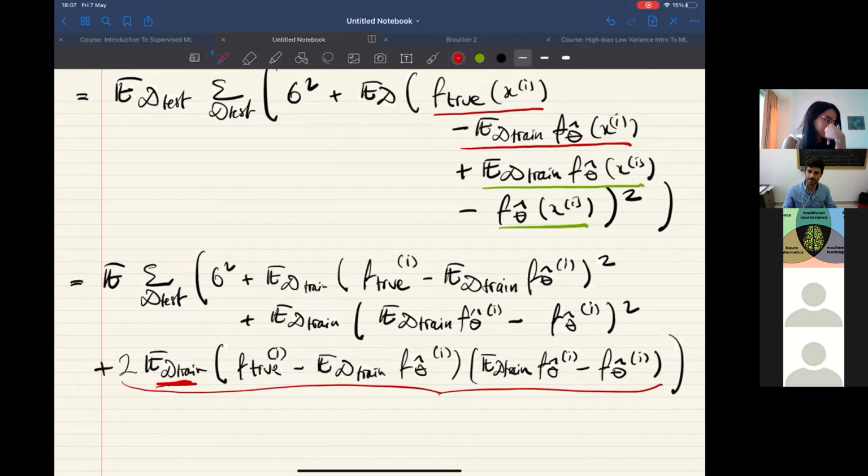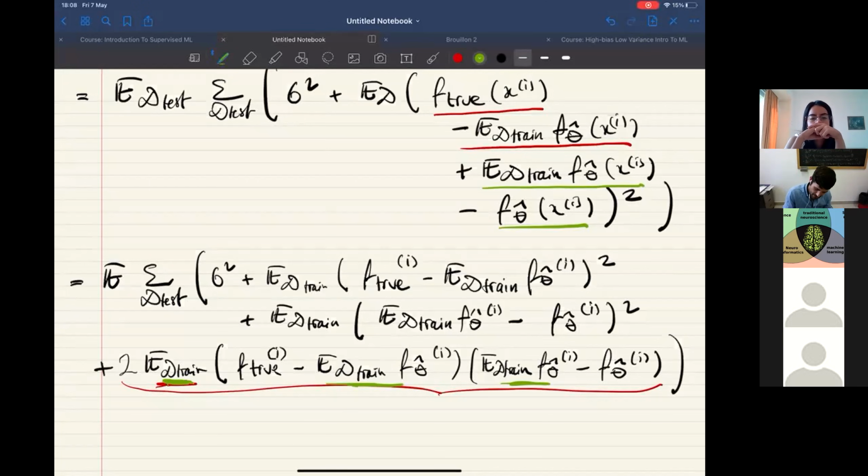How does that simplify? Okay, so also, if my notation is not clear for some of you, some of you may be confused because I'm taking an expectation over the training data 3 times, here, here, and here. But when I take an expectation, I'm doing an integral, so I'm summing over dummy variables, right?